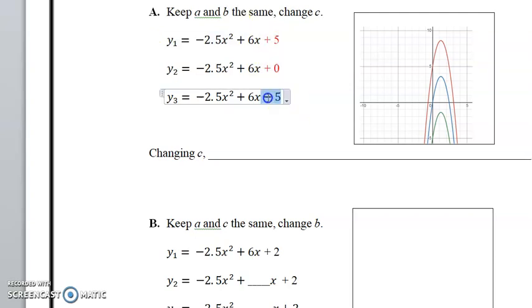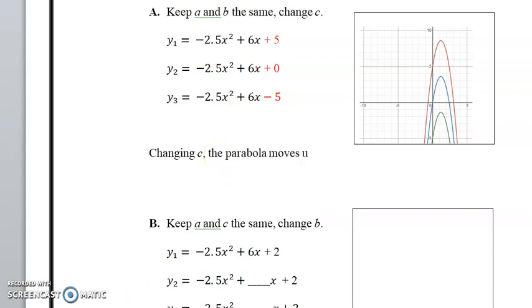And you can see that by changing the C value, the parabola, that's what we call it, right? This quadratic function, the parabola moves up and down the y-axis. Because that C value, all right, let me make a little note here.